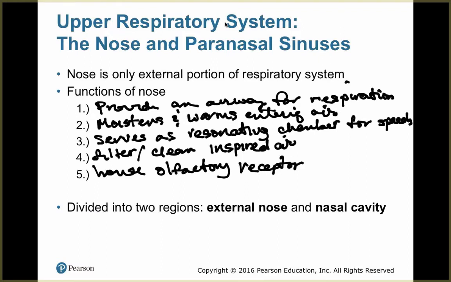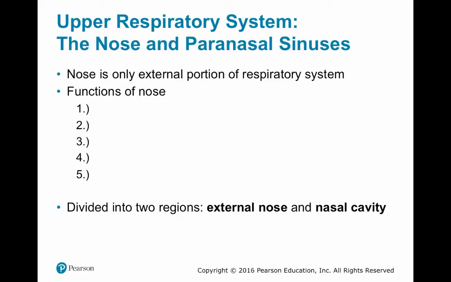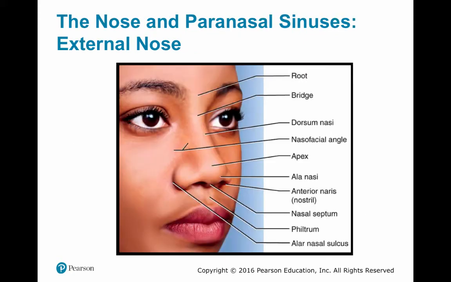They're essentially divided into two regions. One is called the external nose, and the other is the nasal cavity. So let's go forth and look at that real quick. And so on here, you can see the nose and the paranasal sinuses.